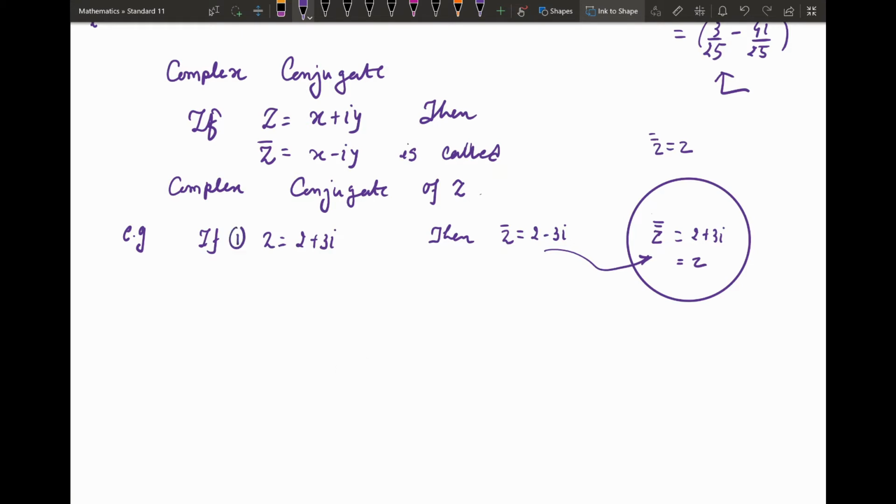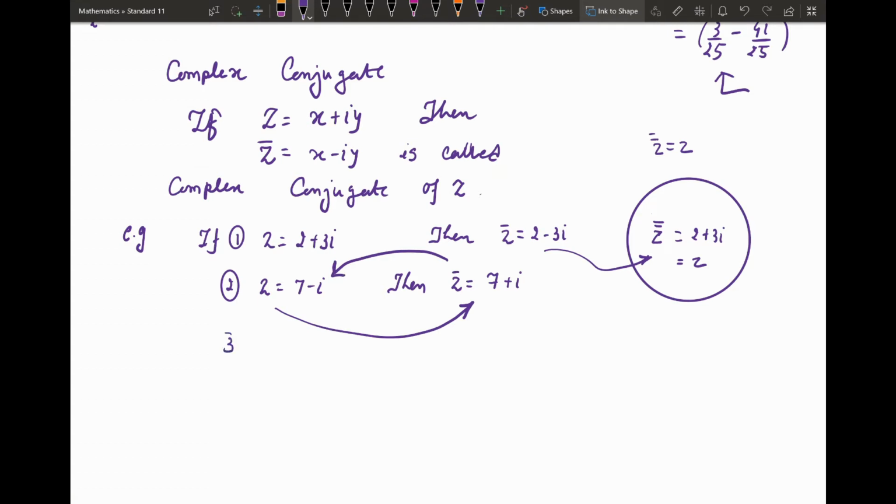We take 3 illustrations. First one, if z equal to 7 minus i, then its conjugate z bar is 7 plus i. So for z, its complex conjugate is z bar, and vice versa. For z bar, its complex conjugate is z.